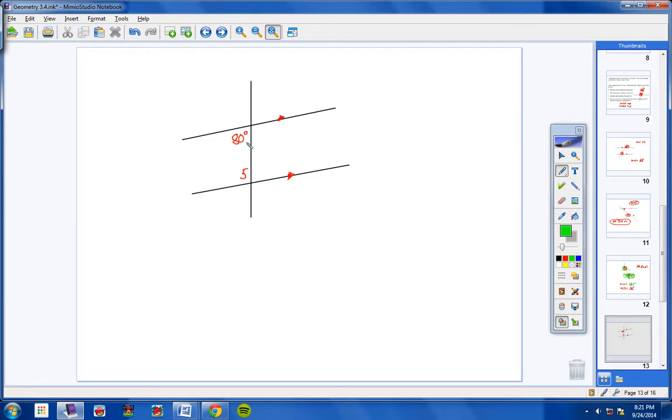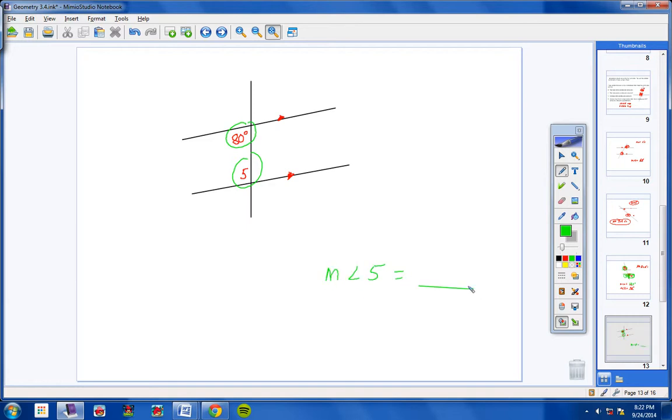Please copy this in your notes if you would, students. Go ahead and copy a parallel line and a transversal. Now, notice we have two parallel lines cut by a transversal, and we're dealing with two angles here. We're trying to find the measure of angle 5.